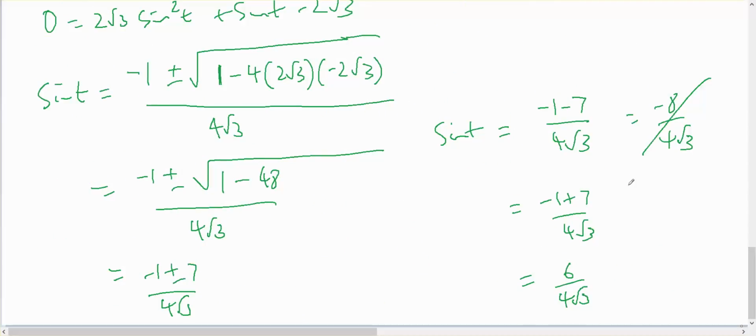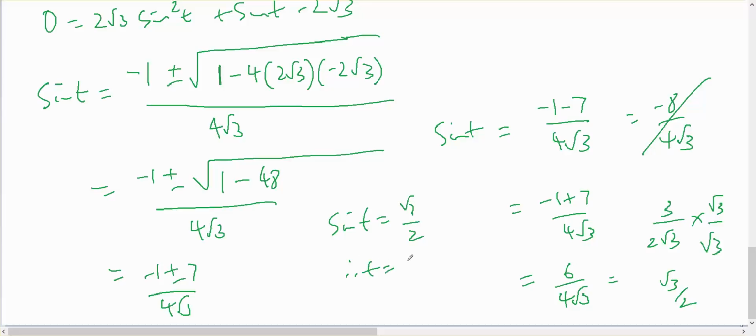So I'm going to ignore that answer, and this is the same as 3 on 2 root 3. If I times by root 3 on root 3, that will give me 3 will cancel with those 3's, root 3 on 2. So the sine of t equals root 3 on 2, therefore t equals pi on 3. And that's the answer to 22C.